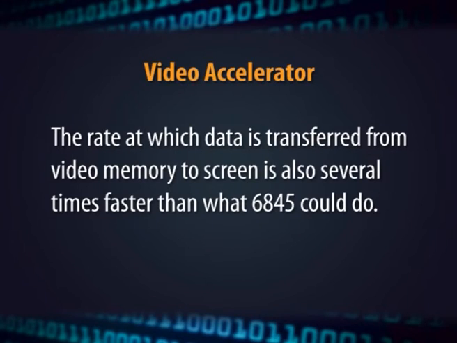Secondly, the accelerator chip reads from main memory into its own local video memory in DMA mode, which is several times faster. Lastly, it performs a large amount of copying of bitmap memory from one part of video memory to another at a very high speed. The rate at which data is transferred from video memory to screen is also several times faster than what the 6845 could do.